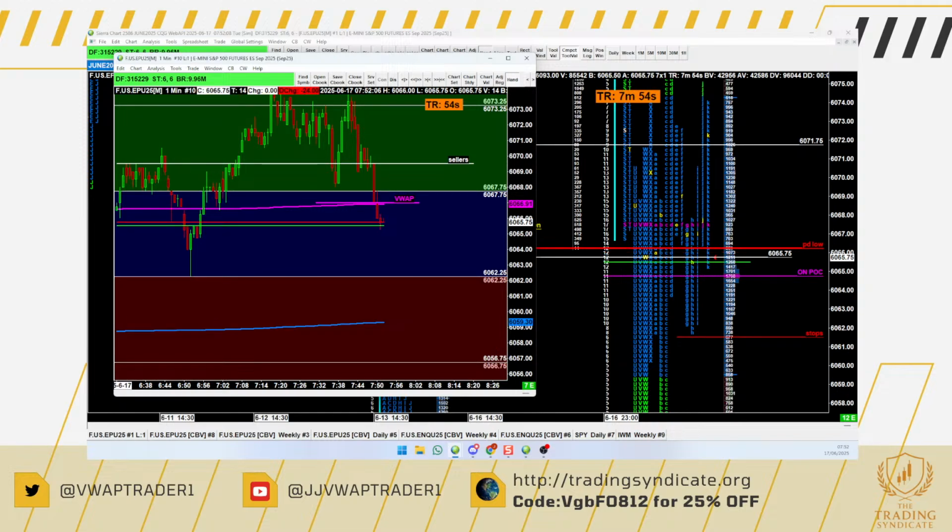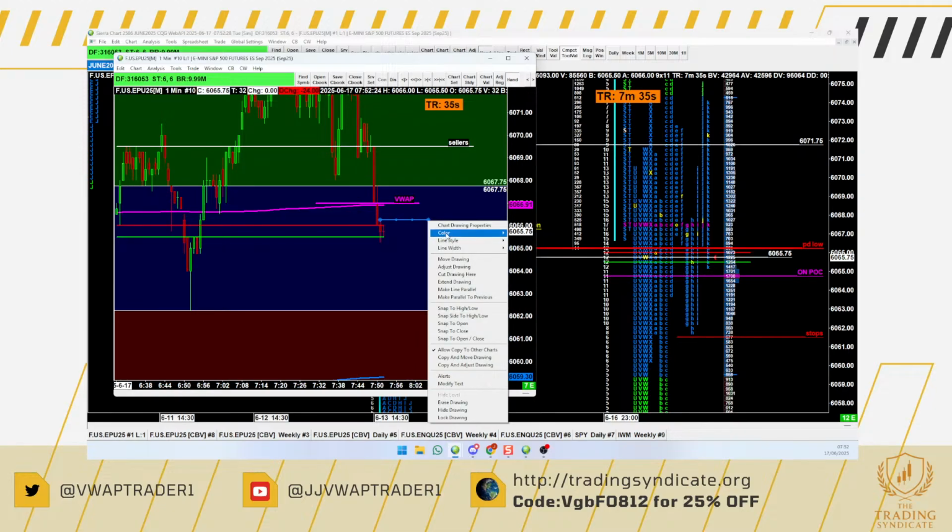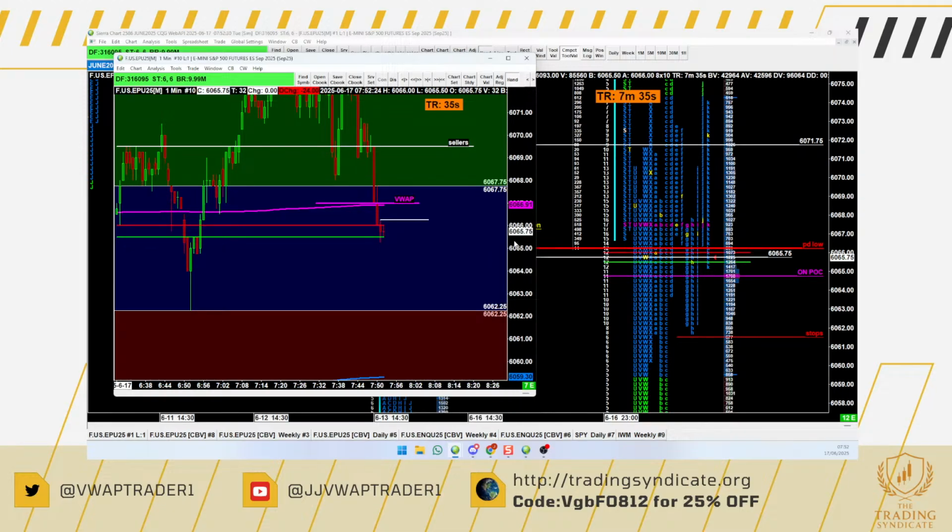Again, all right, so we need that seller to keep stepping in. We need the highs of those candles. If you're short, you want to see them lower. There's a kind of a warning level right there.